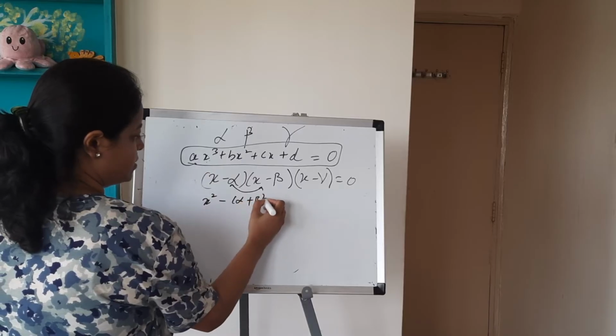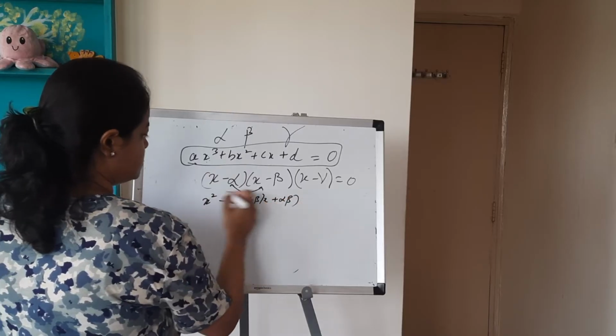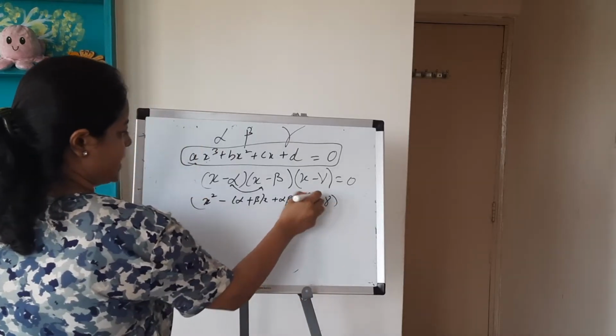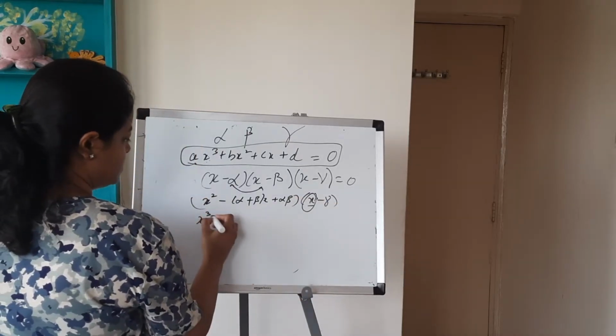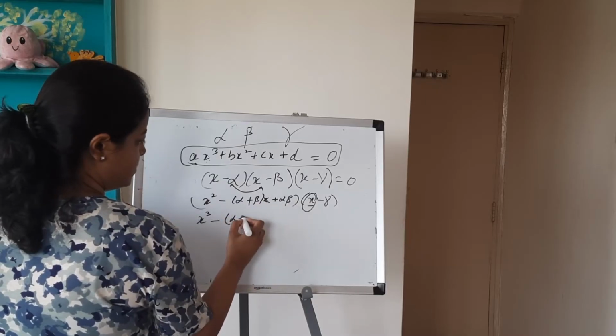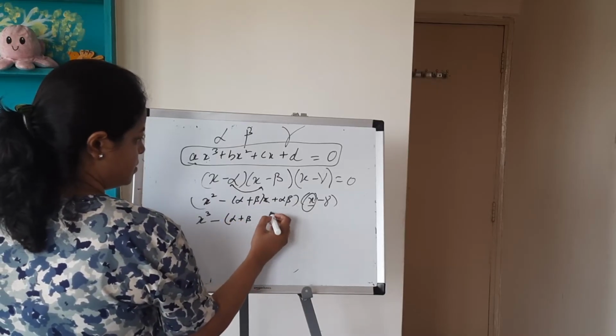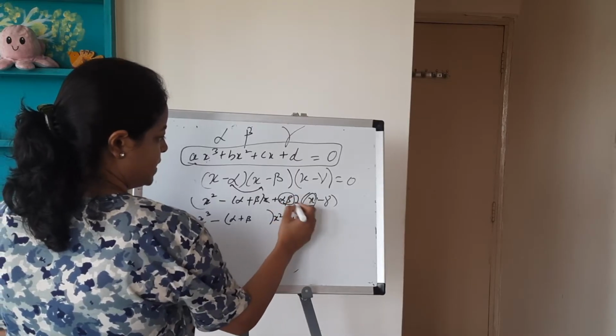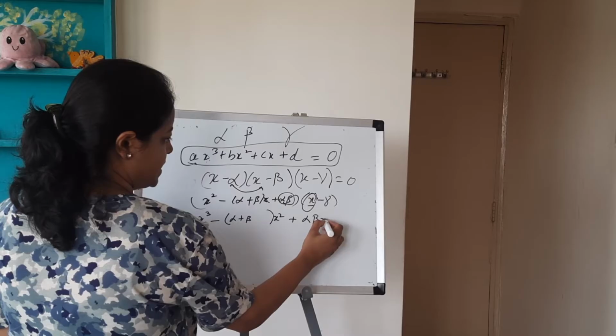It's similar to how we did earlier. Now we are going to multiply this. First multiply x by all of the terms, x cube, right? When x is multiplied here, it will be alpha plus beta, x square. Here when x is multiplied, it's alpha beta x.